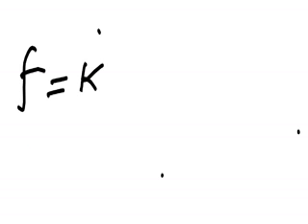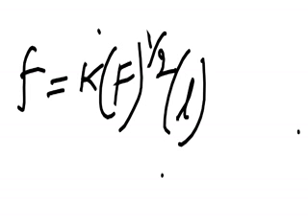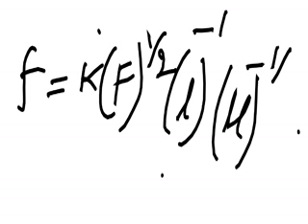So we have frequency, that is f, and k is the dimensionless constant, and we have force F with power A, here A having value 1 by 2, and L having value minus 1, and we have mass per unit length, that is mu, having power minus 1 by 2.